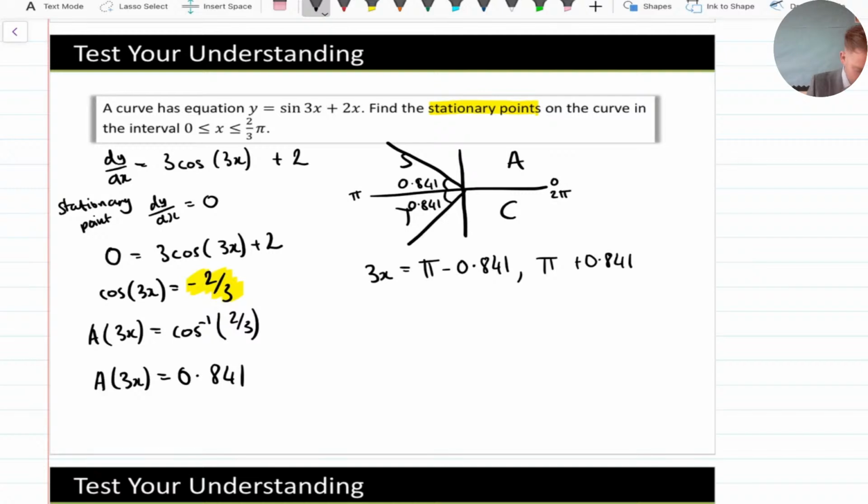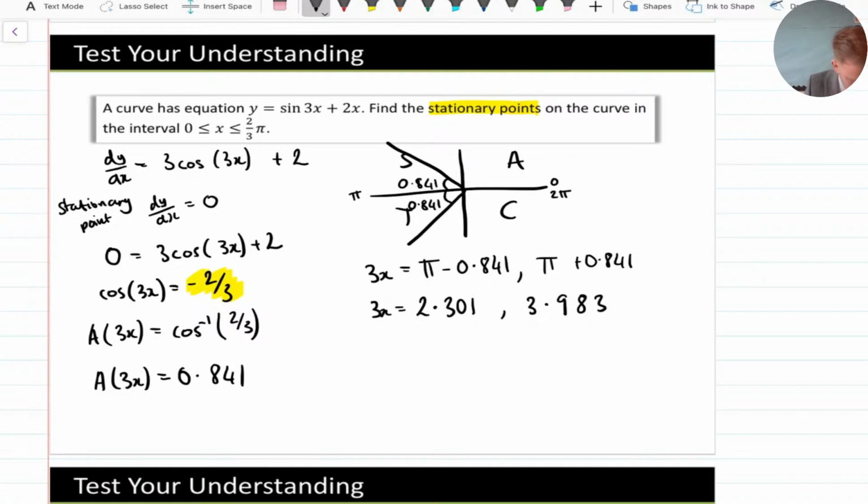So let's do both of those. Shift pi minus 0.841. So 3x is equal to 2.301, and pi plus 0.841 is equal to 3.983.